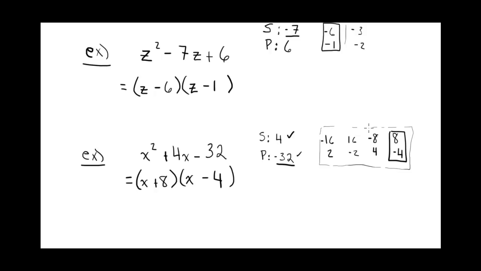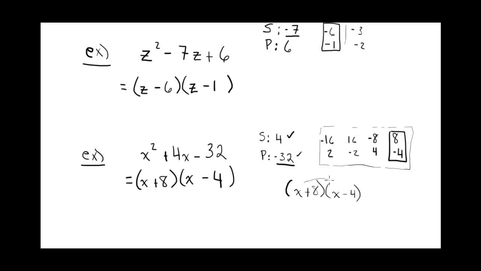Other thing I would mention is always just do either a quick mental check, or if you want to do the expansion, expand this binomial, just to make sure you're getting back your original. Right? I'll just do that for you. So x plus 8 times x minus 4.